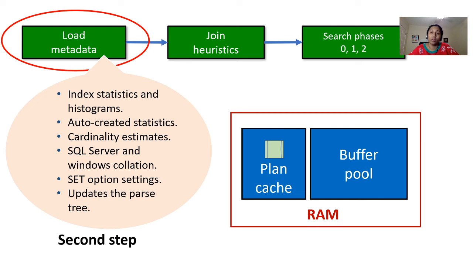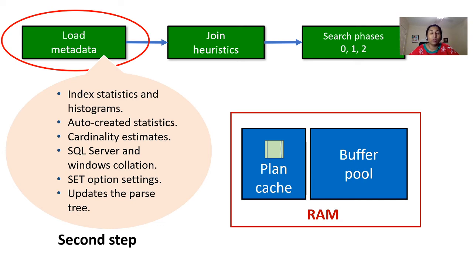Cardinality estimates are also gathered here. Cardinality meaning how many rows the optimizer thinks will come back out of each operator inside the query tree. Those kind of things are gathered here.